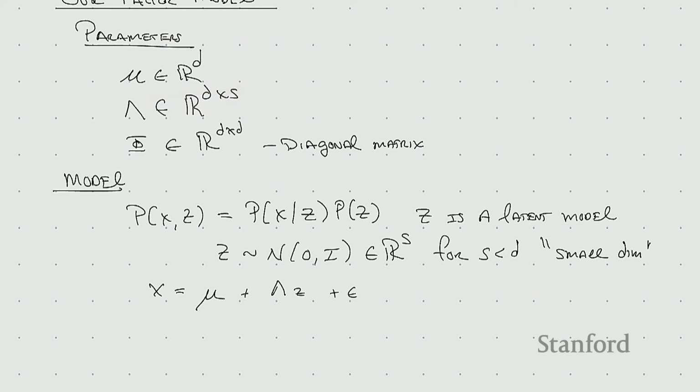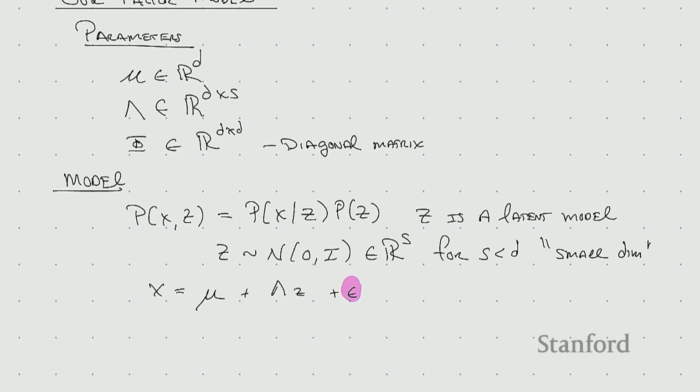So imagine the sampling procedure is z gets selected. If you knew lambda, you would map it up into R^D. You'll shift it by mu, the mean that you're going to learn. And then you're going to put some epsilon noise here.